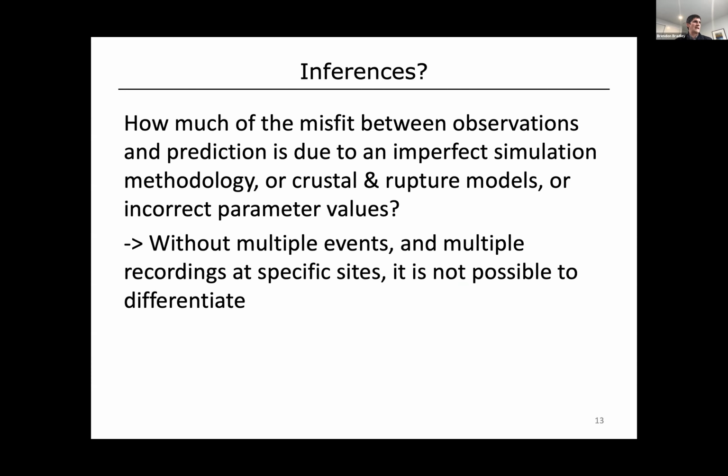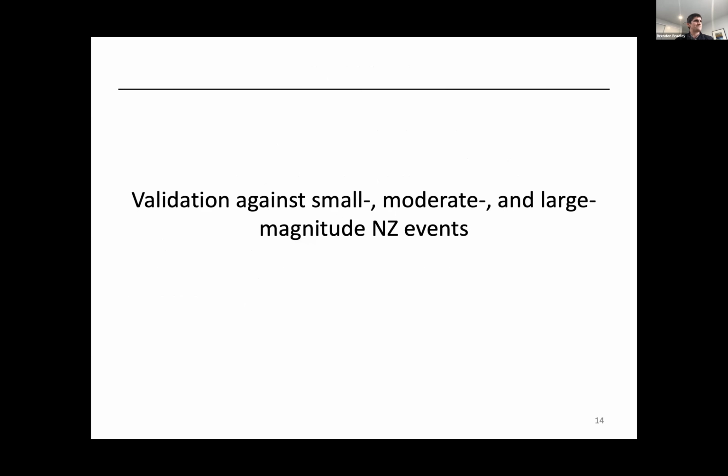So although we often talk about ground motion simulation validation, it's not just validation of the simulation method itself, it's also a validation of all the constitutive models that go into that, the crustal and rupture models, as well as the parameter values for those models and how they're determined for individual geographic regions.